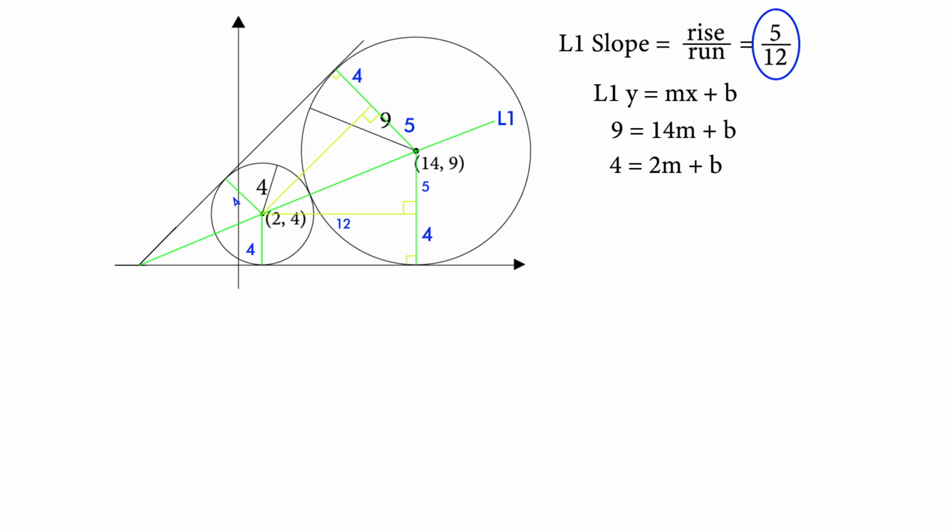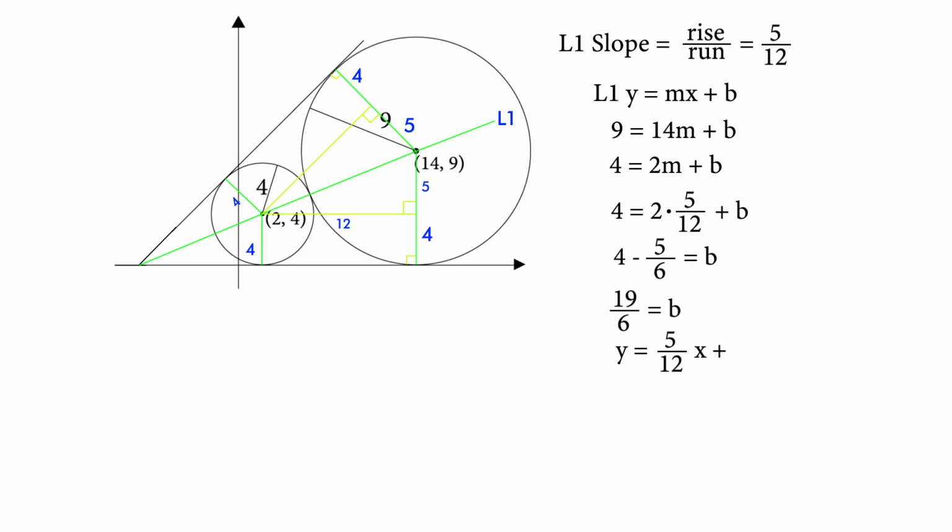Now we already know the slope is 5 over 12, so m is 5 over 12. So I can put 5 over 12 into either of these. So if I put 2 times 5 over 12, this will allow me to calculate for b. And this looks like 4 minus 5 over 6 is b, and therefore b is equal to 19 over 6. So this equation is y = 5/12 x + 19/6. The equation of line L1, which is right there, this line.